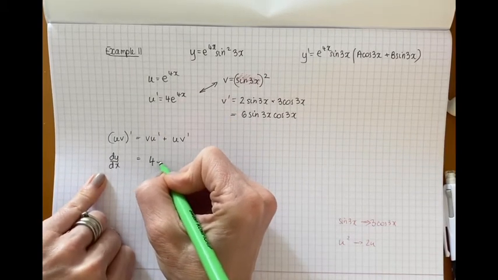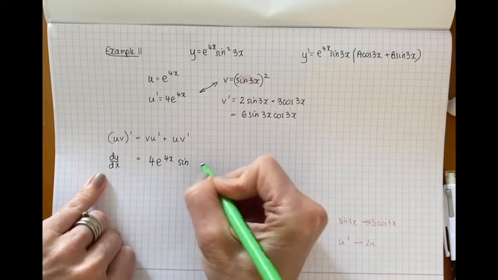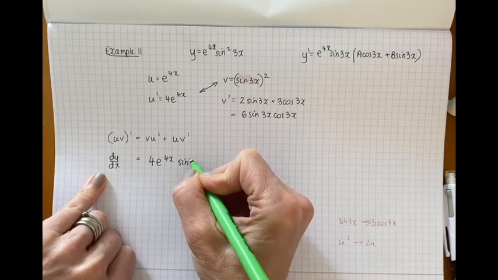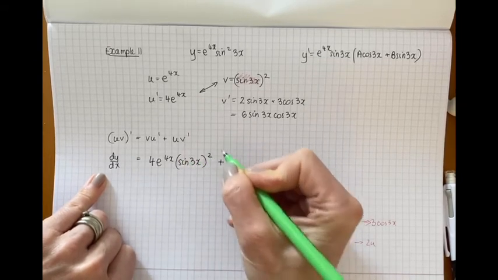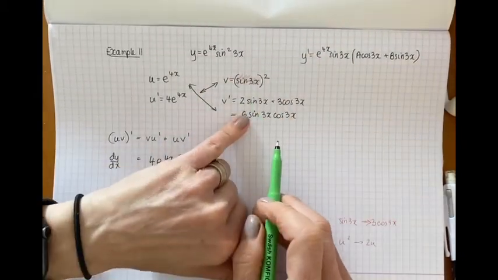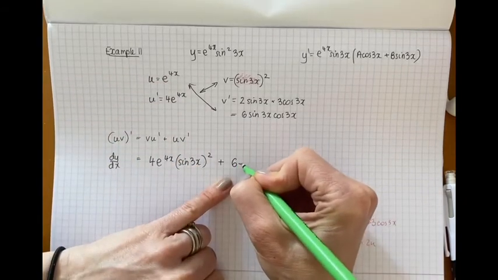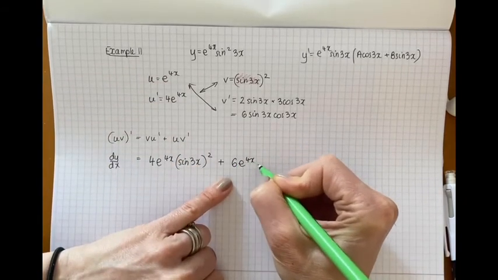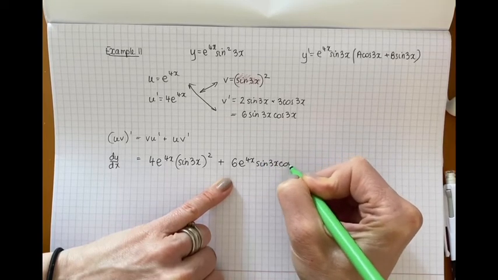So it's 4e to the power 4x, and then sine 3x squared. I'll write it like this first. Plus, let's combine these together. So you've got 6, and then you've got e. So let's put them in order. 6e to the power 4x. We've got sine 3x once, and then cos 3x.